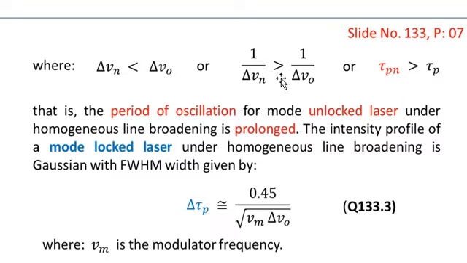And for the reciprocals, you need to invert the sign, and then the time corresponding to this one is tau pn, and the time corresponding to 1 over delta nu naught is represented by tau p.